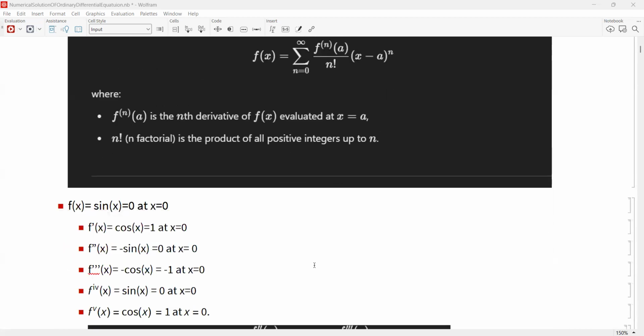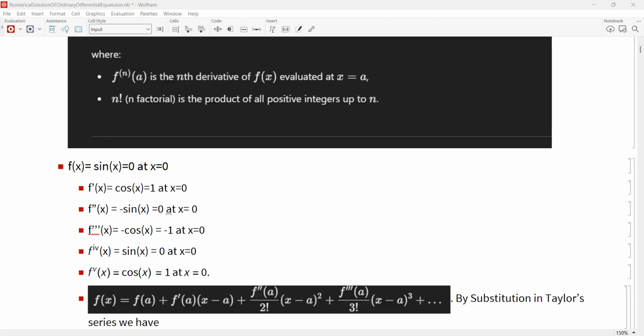Taylor series here. Our given function is f of x equal to sine of x, expanded at x equal to 0. The first derivative of f of x is cosine of x, which is equal to 1 at x equal to 0. The second derivative is negative sine of x, equal to 0 at x equal to 0. The third derivative is negative cosine x, equal to negative 1 at x equal to 0.